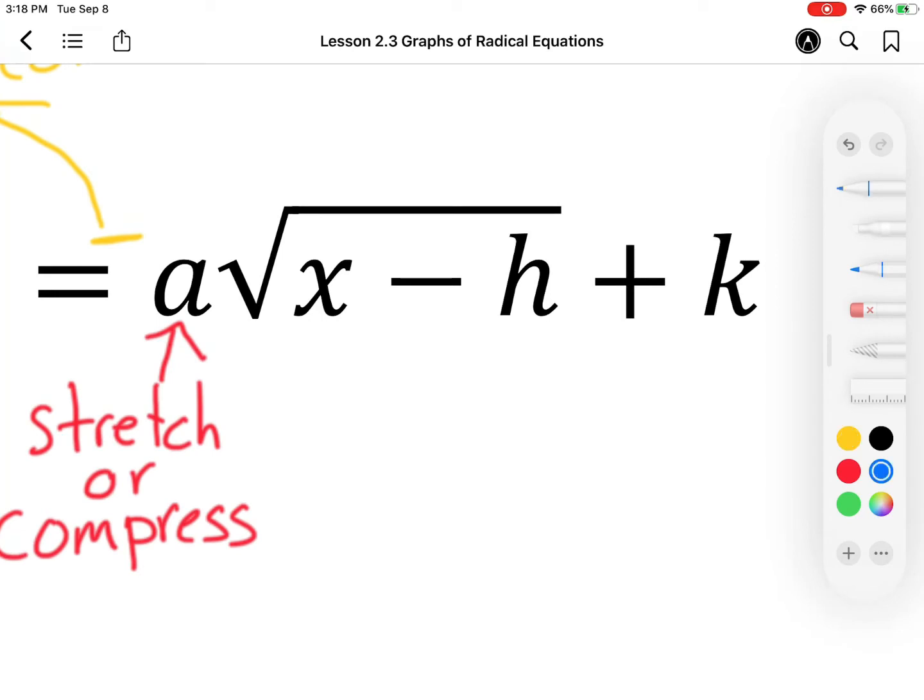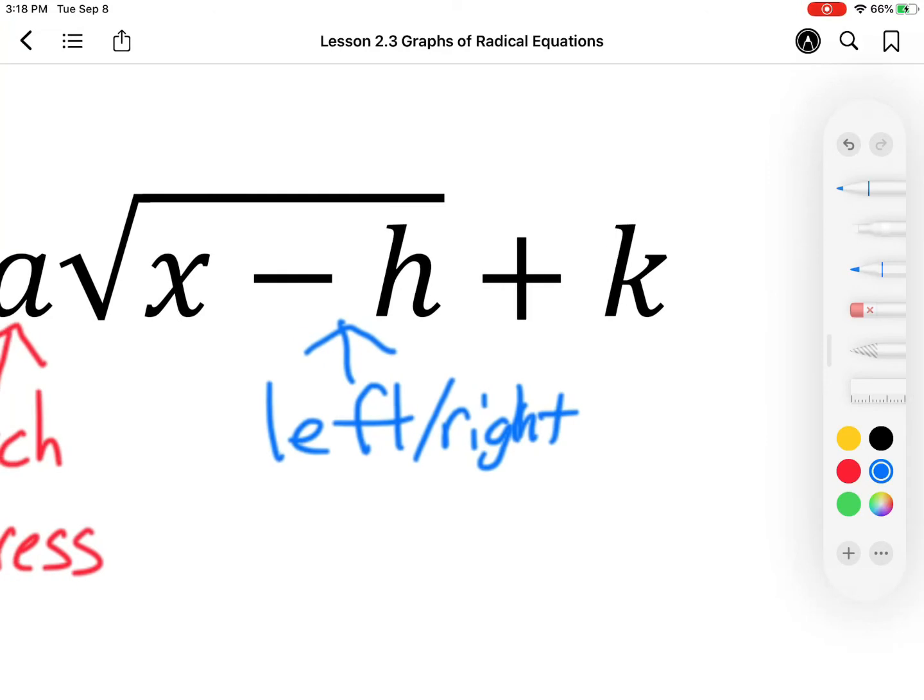Inside is going to tell us left versus right, because it's affecting the x's just like the x-axis is left to right. And then the K out back is going to tell us up versus down.